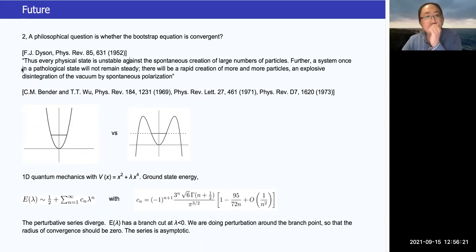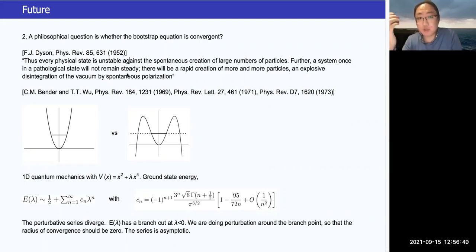There was a famous argument by Dyson about the divergence of the perturbative series of QED. He was basically saying that when the coupling of QED is negative, the vacuum would be unstable against creating more and more particles, and so the series should be divergent.